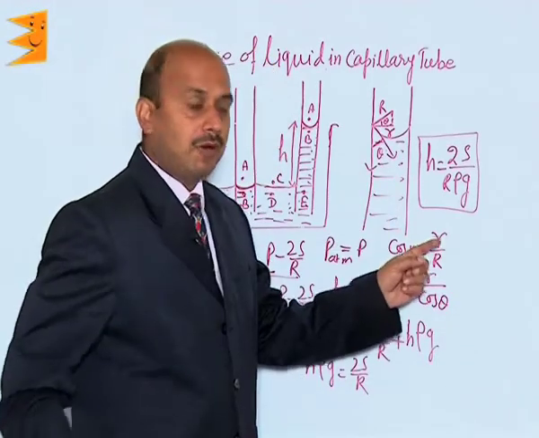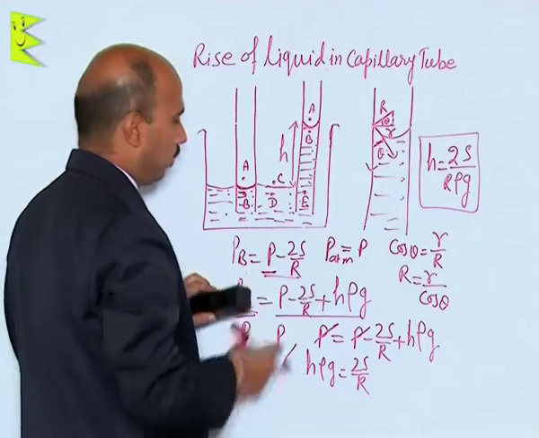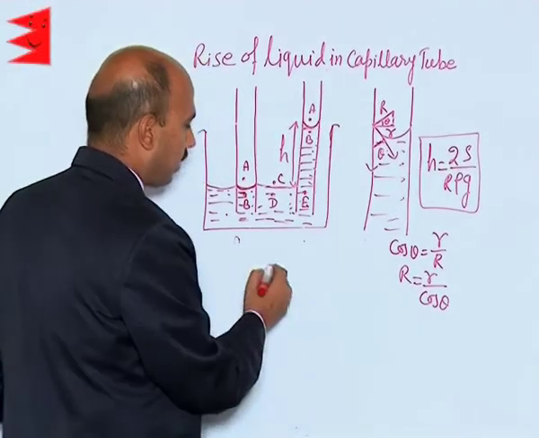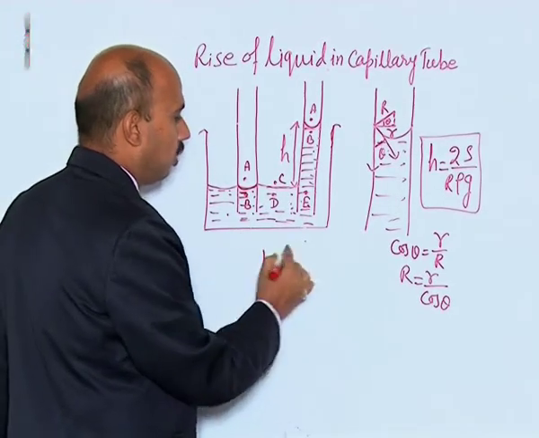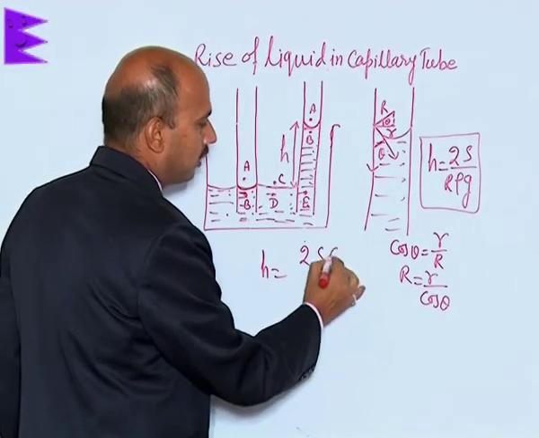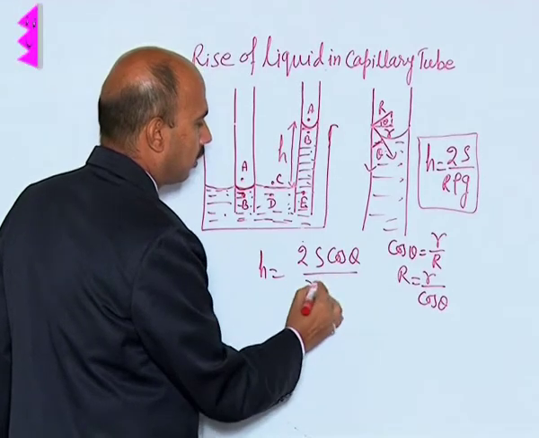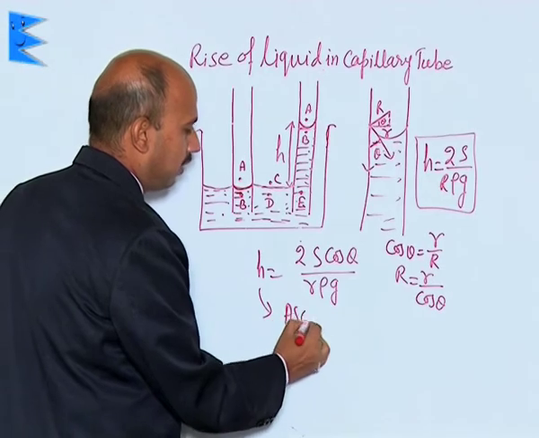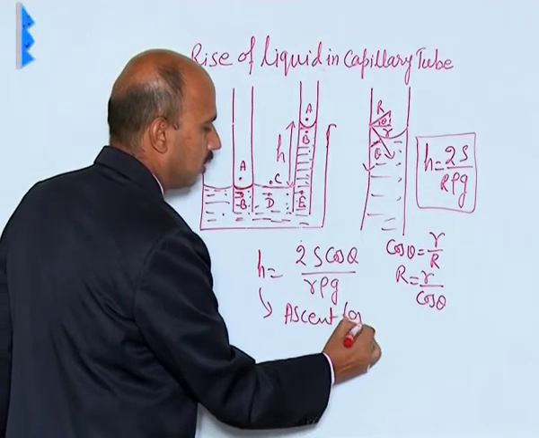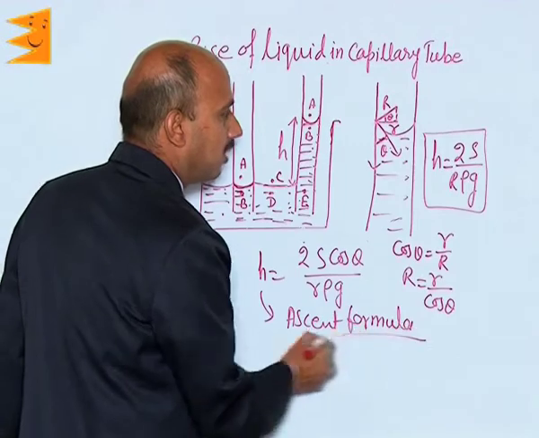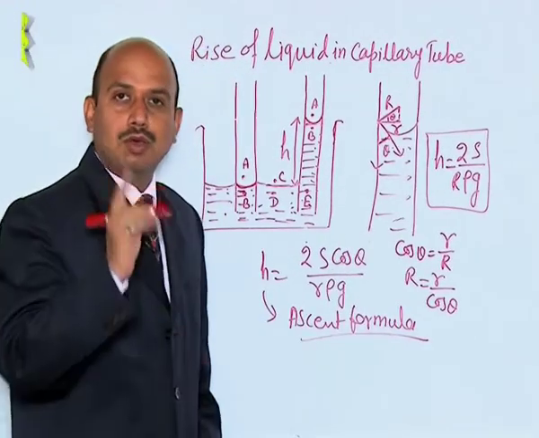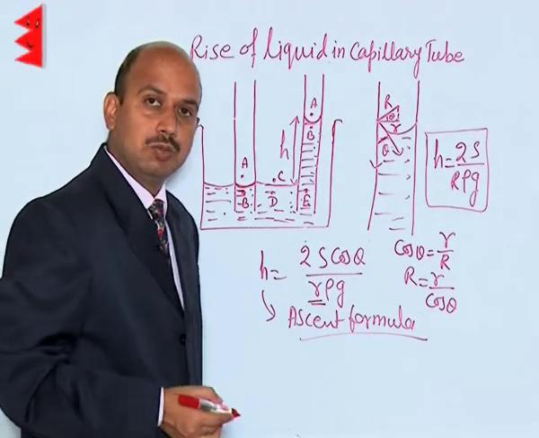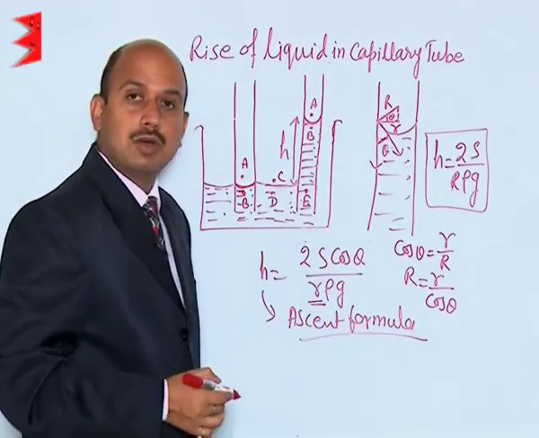Now this same formula becomes h is equal to 2S cos theta upon r rho g, and this is called the ascent formula. So the earlier one is the ascent formula in terms of the radius of the liquid meniscus, and this is the ascent formula in terms of the radius of the capillary tube and the angle of contact.